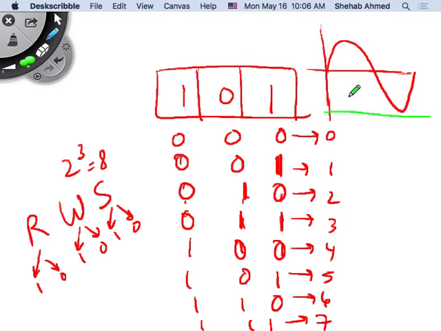Let's say I chop this up into 8 levels, 4 on top and 4 on the bottom. Do we agree that I can only deal with 8 values of the signal if I'm going to use a 3-bit computer?